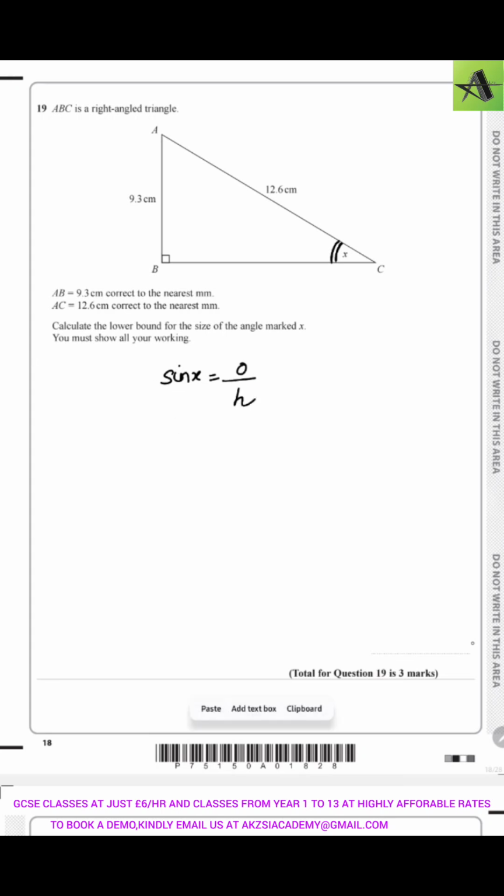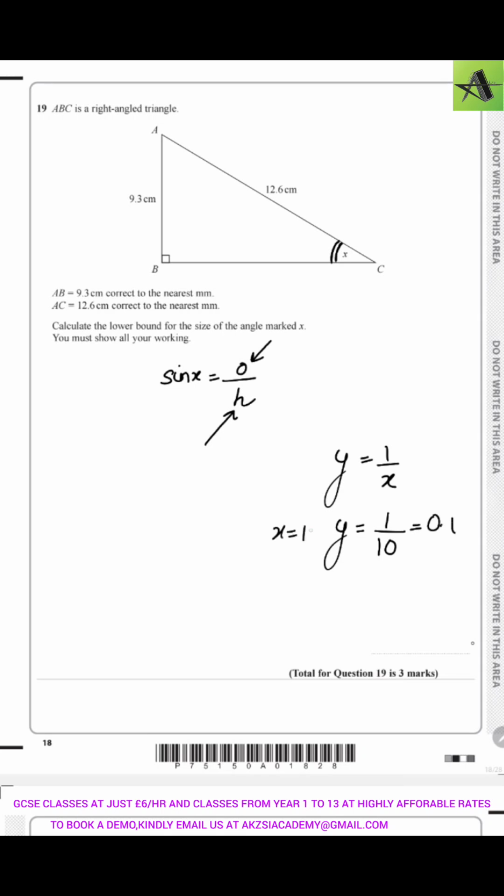So if I want to know the lower bound, the numerator has to be lower, but the denominator has to be higher. Why? Because if your denominator is bigger, the whole value will be smaller. Say for example, y is equal to 1 over x. When x is 10, 1 over 10 will give you 0.1. Let me increase the value of x to 100 now. So y will be 1 over 100, which will give you 0.01.